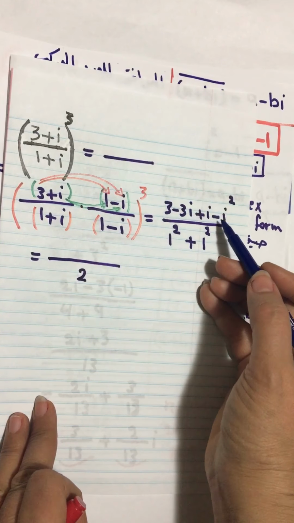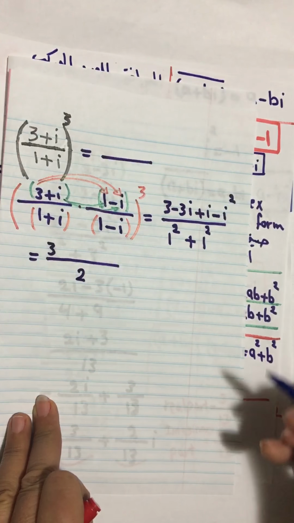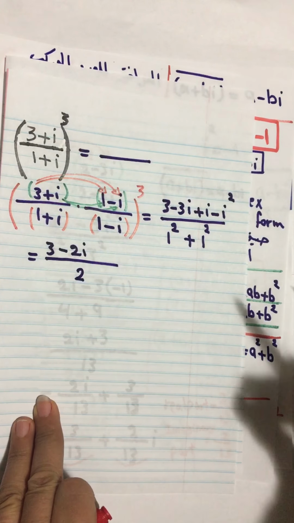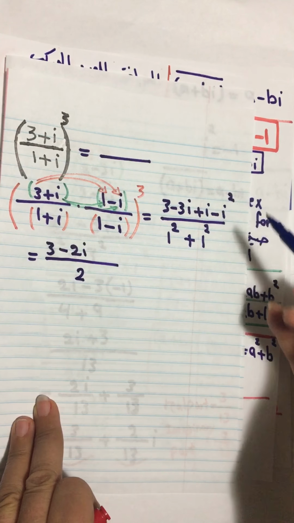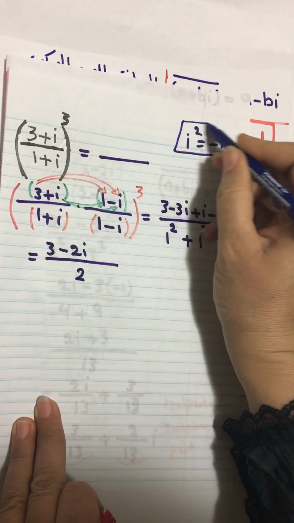3 minus 3i plus i, minus 2i, minus i square. i square equals negative 1.